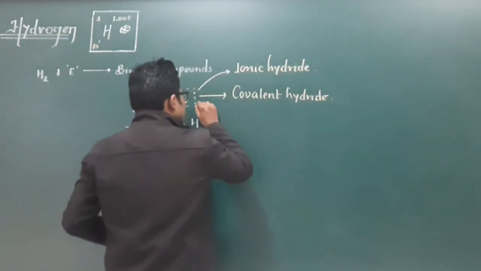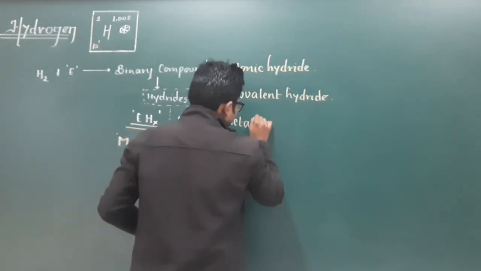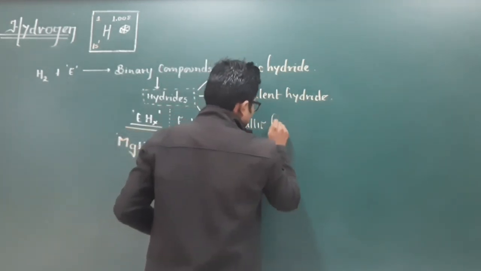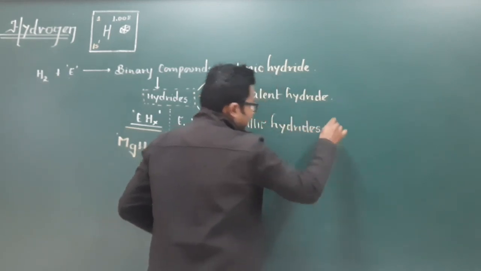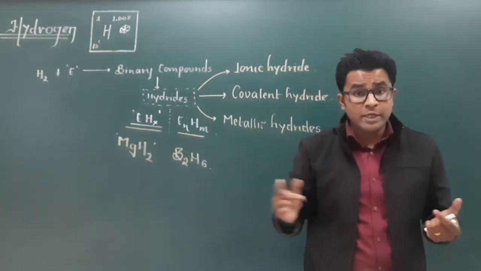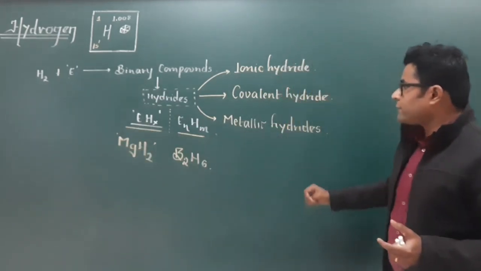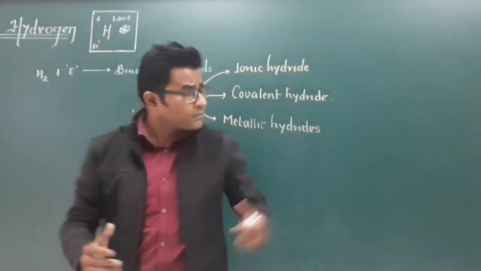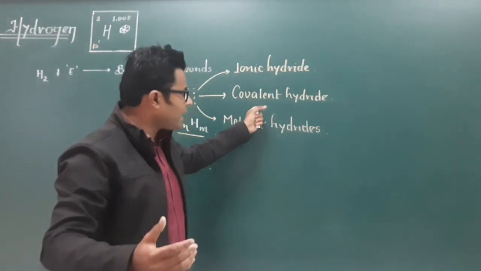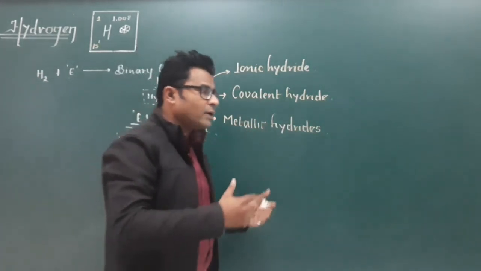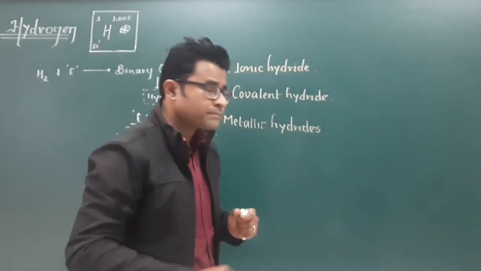The third type is called metallic hydrides, also known as interstitial hydrides or non-stoichiometric hydrides. So we are going to take a look at ionic hydride completely in detail, what is covalent hydride, and what is metallic or non-stoichiometric or interstitial hydrides one by one.